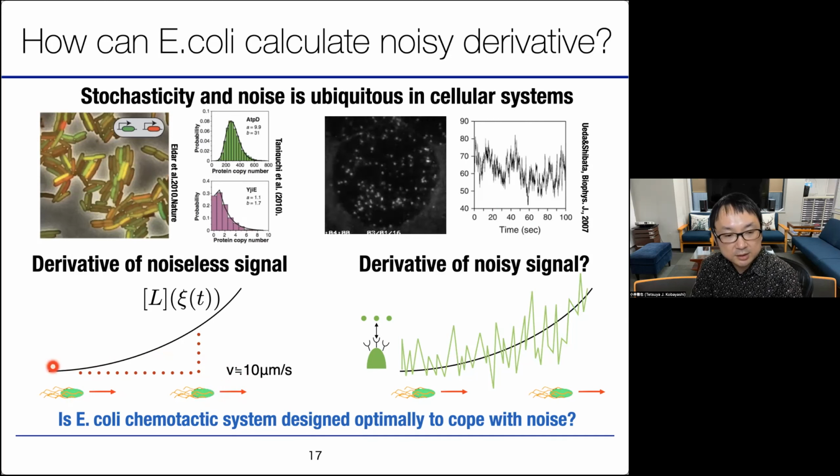It is not difficult if the E. coli senses ligand concentration deterministically, because this is a kind of computation of the time derivative of the ligand concentration around the swimming.